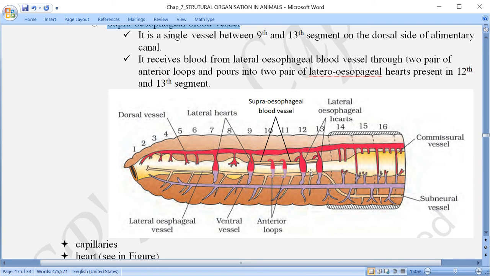Alimentary canal is seen from the front, back side. What happens from here? It receives the blood and then it pours into lateral esophageal heart, which is present in the 12th and 13th. You can see here one is there in the 12th and one is there in the 13th segment. Lateral esophageal heart, or lateroesophageal heart, they are the same thing.